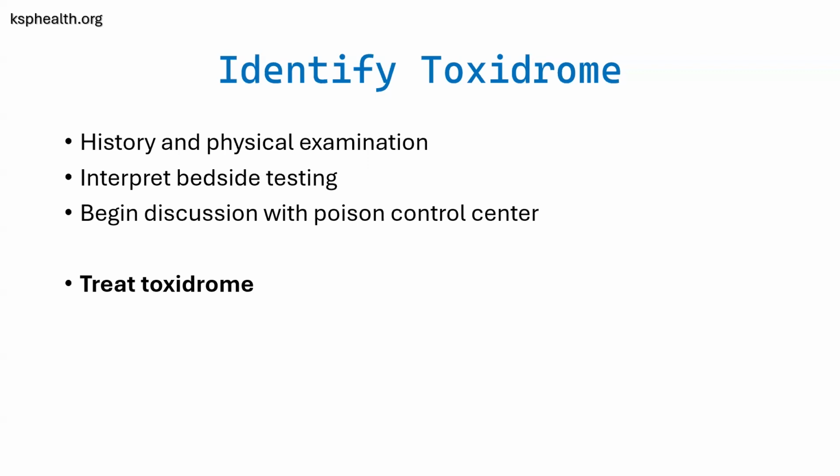That can be done by history and physical examination, bedside testing, and discussion with the Poison Control Center. In the United States, it's much easier. Just call the Poison Control Center. They will tell you A, B, C, D, you've got to do this. And they'll also follow up with you and make sure the patient is responding as they're supposed to.